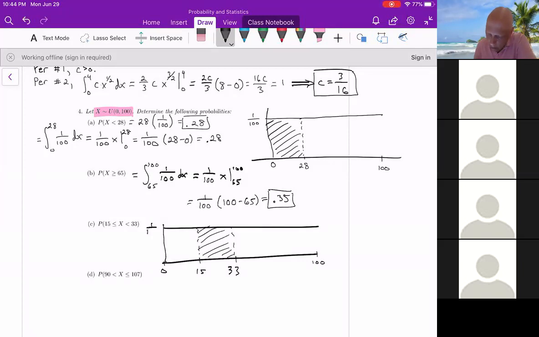I know the height of this line is 1/100th, and so the area, which is the probability, is going to be the height, which is 1/100th, times the width or the length, which is 33 minus 15. And that difference is 18. So 18 over 100 is 0.18, or 18%.